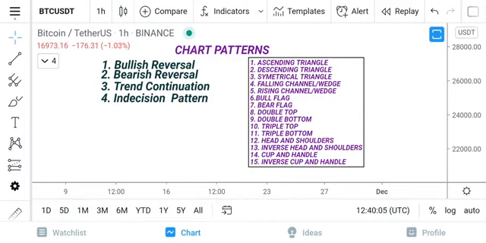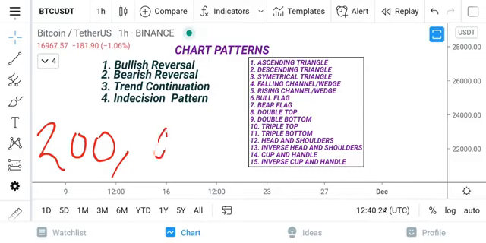You can use them to identify your trend. We have three categories of trend. We have the 200 period moving average, which indicates the long-term trend. We have the 50, which indicates the mid-term trend, and we have the 20, which indicates the short-term trend.